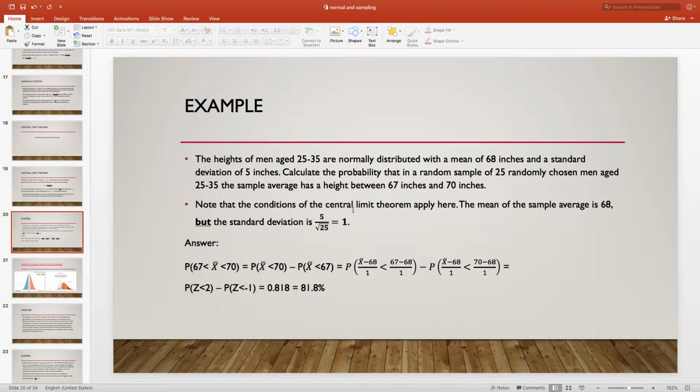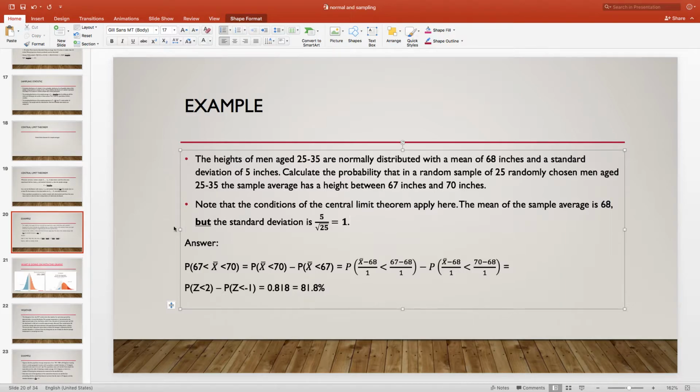Now, we can use the central limit theorem because our original data, the heights of men, are normally distributed. If this data was not normally distributed, we'd need a larger sample size. The mean of the sample average, according to the central limit theorem, is the original mean of 68 inches.